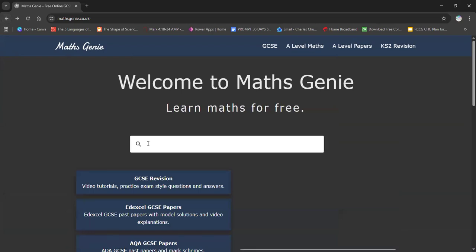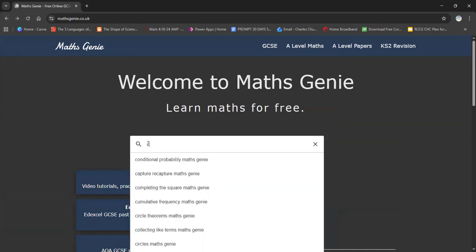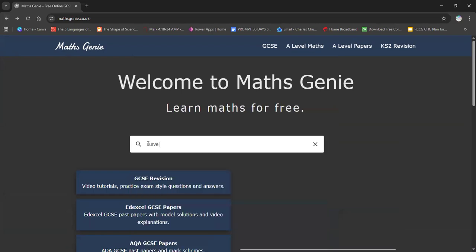So what would we be searching for? Conversion graphs. Conversion curve graphs. I don't even know how we put it. I think it's better to put it down here. Conversion curve graph.